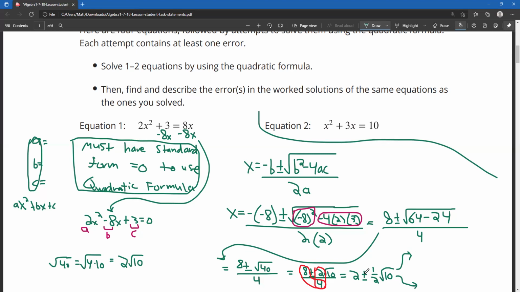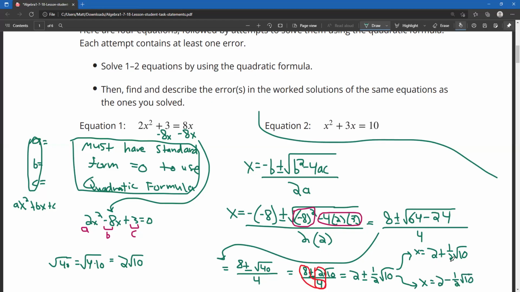We split into plus and minus separately. So x is, that wasn't well written. x is going to equal, in the first case, 2 plus 1/2 square root 10, or x equals 2 minus 1/2 square root 10. And you can stop here.